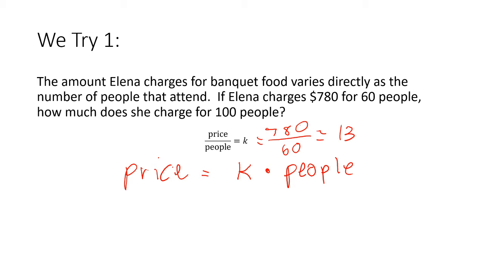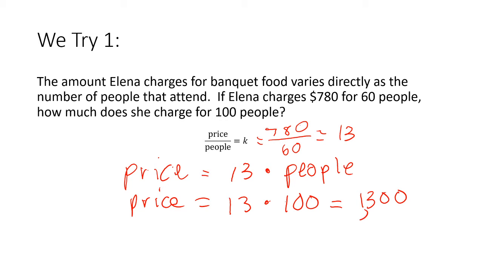So I can use that to my advantage. 13 times the number of people would be equal to the price. I know I want to find 100 people. So 13 times 100 is 1,300. $1,300.